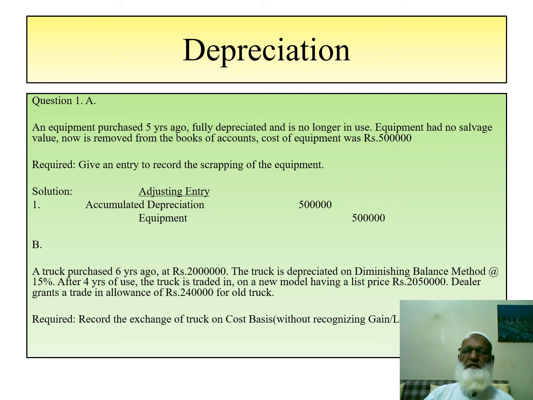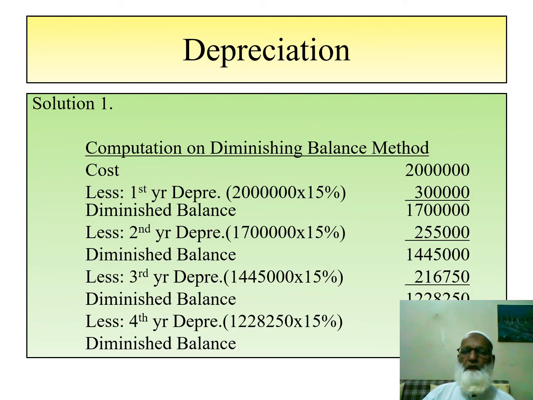So the next slide is going to show us how it is solved. First, we are going to compute on the diminishing balance method. The cost is given, 2 million.